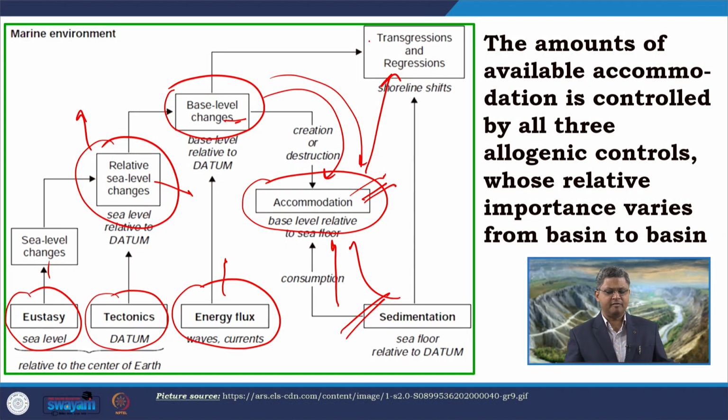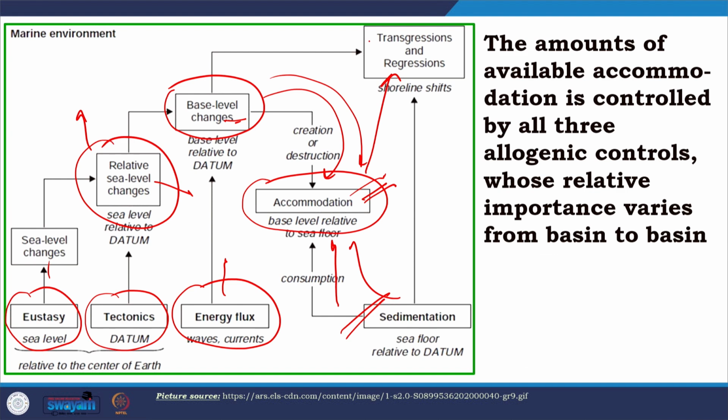So, when a transgression or regression is going on, definitely the conditions available in that basin are changing. The energy flux commonly lowers the base level through different energy processes like wave energy, currents like tidal currents and contour currents, and different types of gravity flows, which are very common in marine environments.